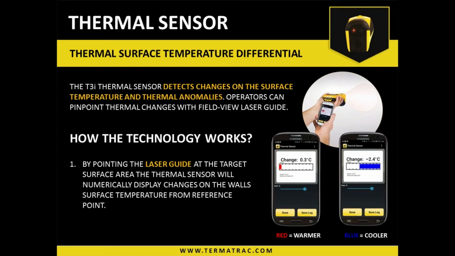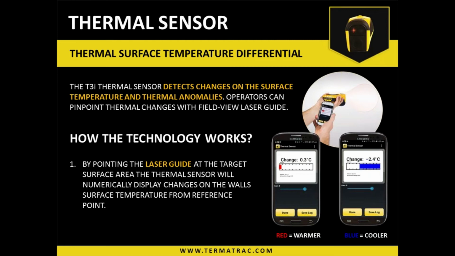We are not looking for heat. We are not looking for hot spots. We are looking for thermal differentials. So there's a big difference in using that terminology as to the outcome of the device as well. The technology on the thermal sensor with the Termitrac is the same technology used in thermal imaging cameras.